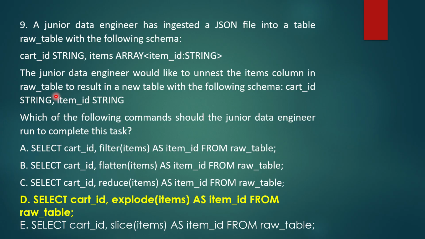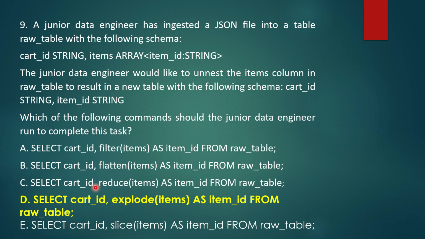So the correct option will be option D: select cart ID, explode items as item ID from raw table. Explode takes an array column and creates one row for each element in that array. This is the standard way to flatten arrays in Spark SQL.